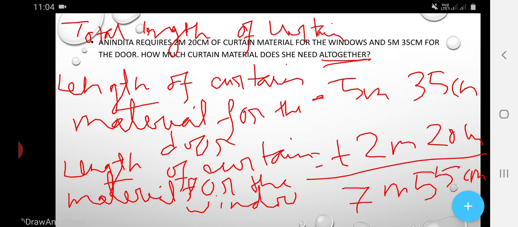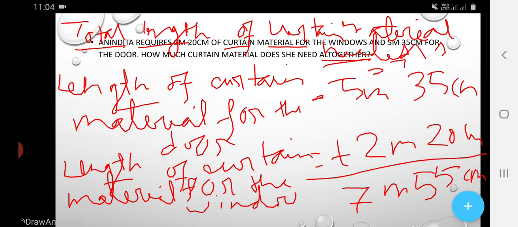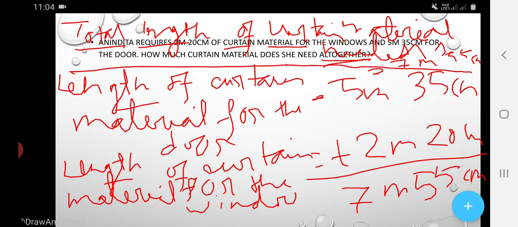I have to write total length of curtain material needed is 7 meter 55 centimeter. I write this here because of lack of space below.